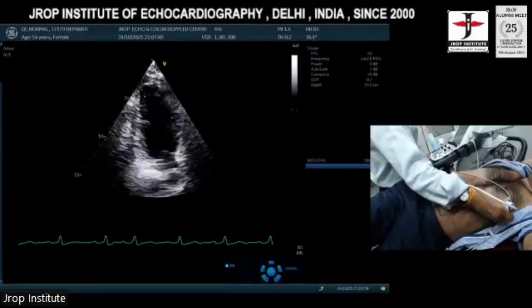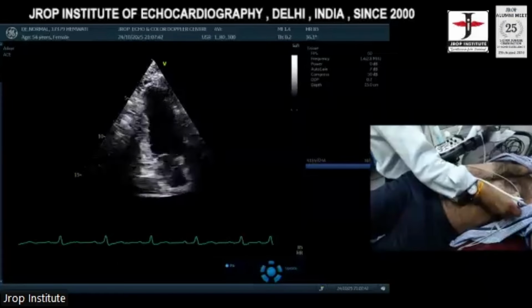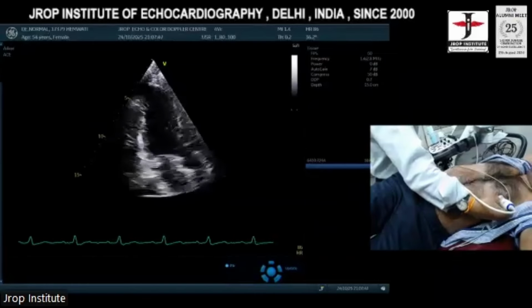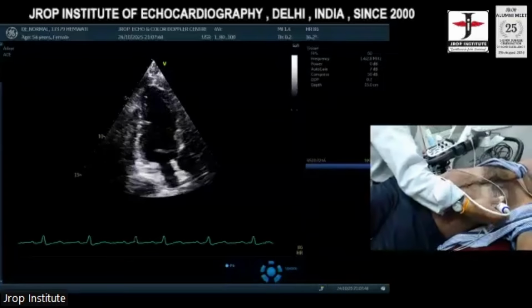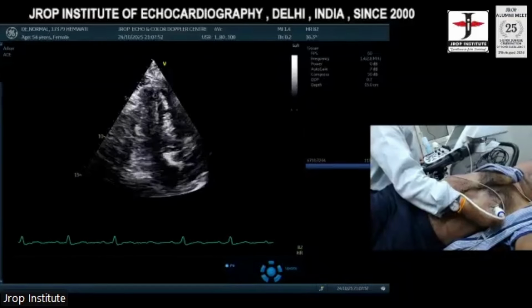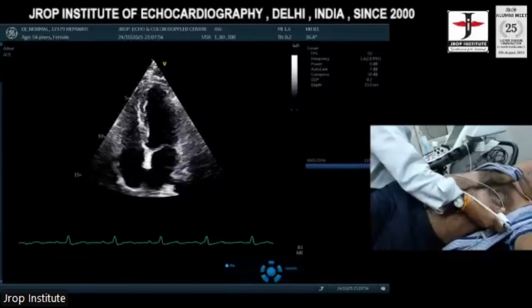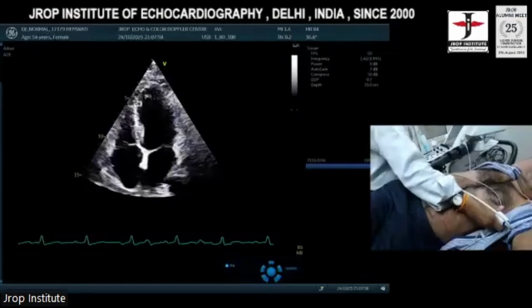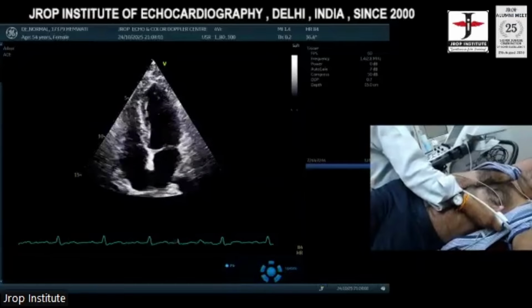So I'll be rotating clockwise. Don't get confused. Just remember this simple formula: your victory sign is always on your right side, and the LV is just below the victory sign.